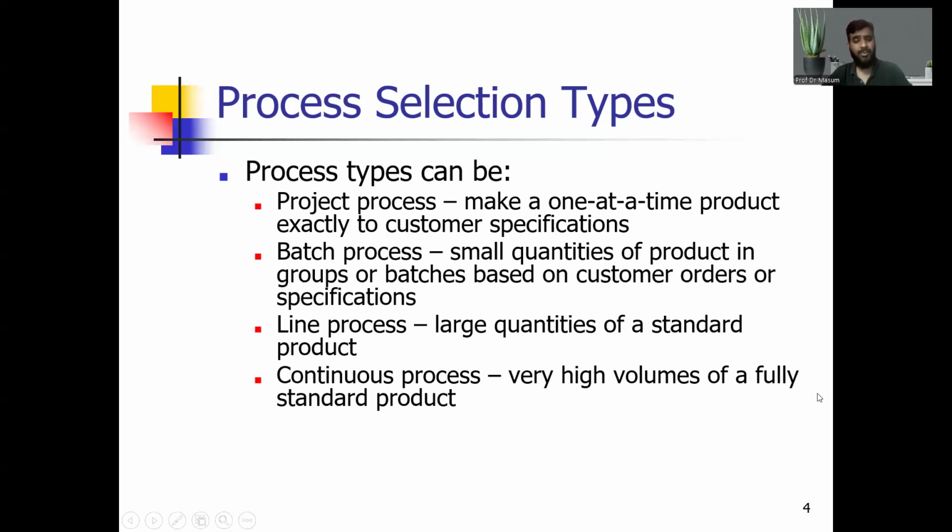A very high volume of a fully standard product. So they apply a real continuous process. If you go to Coca-Cola, Toyota, Mercedes-Benz, you will find that they are using continuous process.